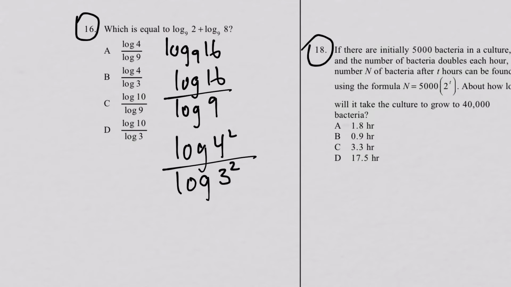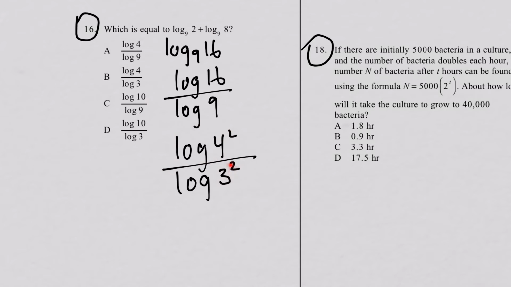Right? And you might have seen that right away, but by looking at the answers, I noticed that none of them said 16 and 9, right? There's a couple of 9s, but no 16s. But I did notice that 16 and 9 were both perfect squares, so I changed them both to that form. Next, I'm going to use the power property to move these 2's to the front, both of them, right?